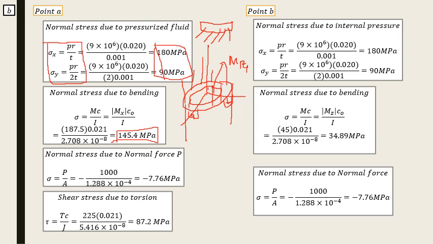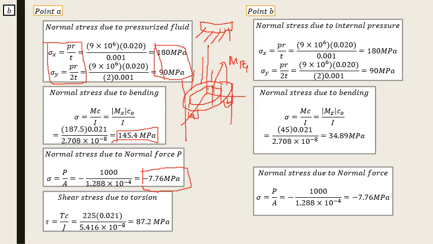Then for the normal stress due to the normal force, N is equal to Fy. Fy is going downward, so minus 1000. Then we get this number for the normal stress due to normal force.